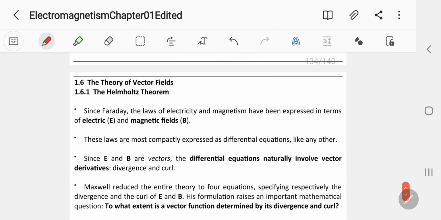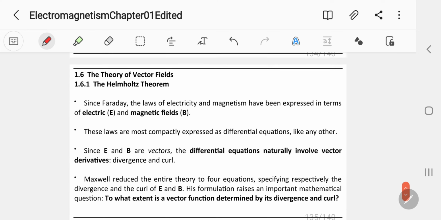So for the last topic for this chapter, we will have the theory of vector fields. The laws of electricity and magnetism are, of course, expressed in electric and magnetic fields. But how are these electric and magnetic fields related to each other?